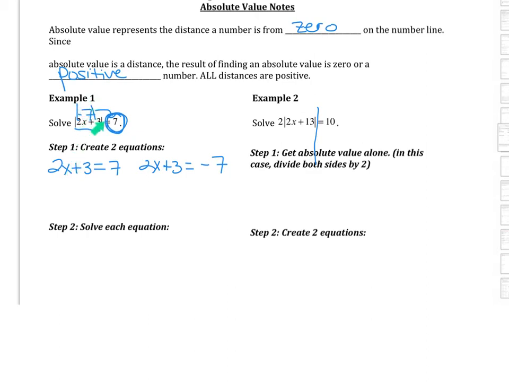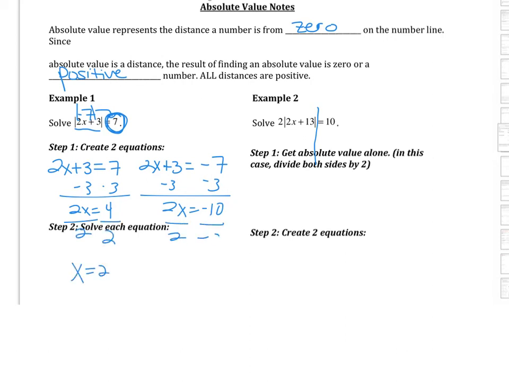You have to consider that this whole expression could be positive 7 because the absolute value of 7 is 7, or it could be negative 7 because the absolute value of negative 7 still equals 7. So then we just solve the two equations. And we see that x could equal 2, or x could equal negative 5.